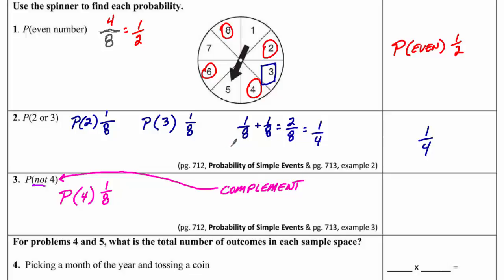Remember, the complement is all the other things that can happen. So if there's a 1 out of 8 chance of getting the 4, then the probability of not getting the 4 are the other 7 out of 8 things that can happen. And if you go back to your spinner, yes, there's 1 4 right there, but there are 7 other things the spinner could land on. So the probability of not getting a 4 is 7 out of 8.